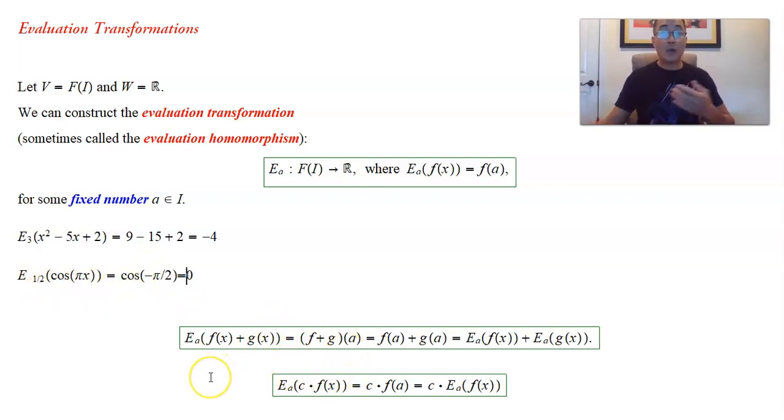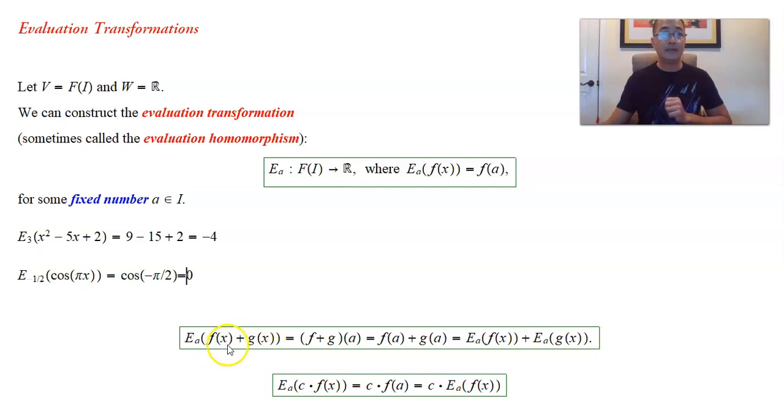Okay, so why is E sub A in general a linear transformation? We have to prove additivity and homogeneity. Additivity: input f of x plus g of x into your evaluation transformation. What does that mean?